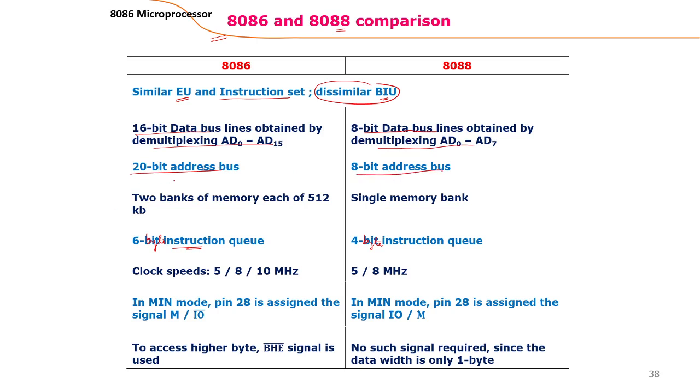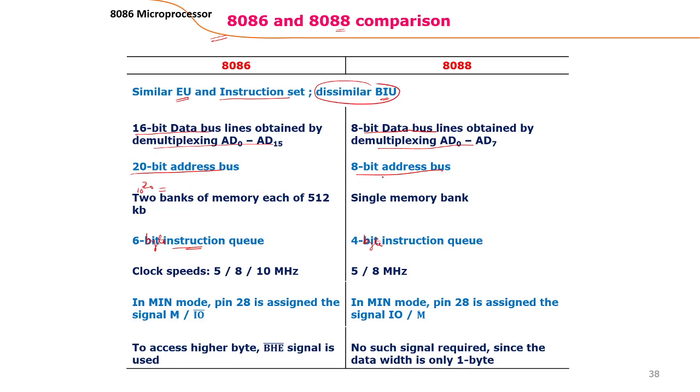If 20-bit address lines are there, that means the total addressable memory will be 2 to the power 20, which comes out to be 1 MB.